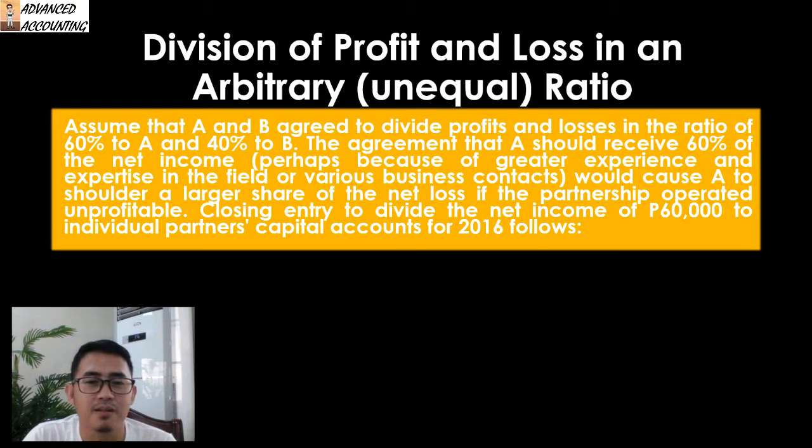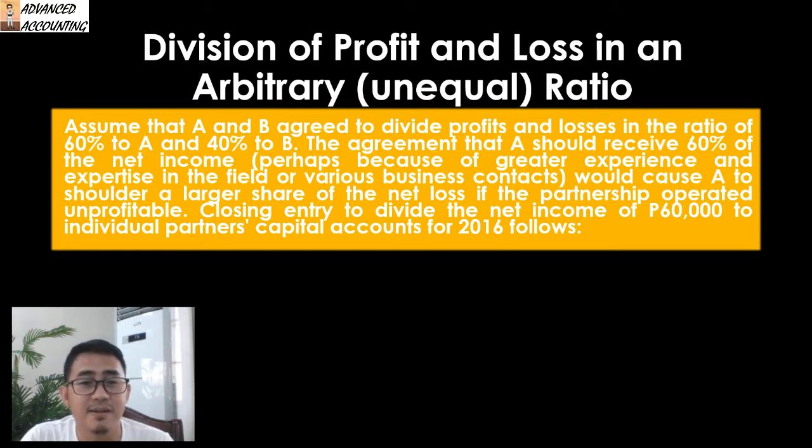So in this case, since we are still assuming that the business made a net income of 60,000, I guess it would be good for A. There are various reasons why a partnership would agree to an unequal ratio.